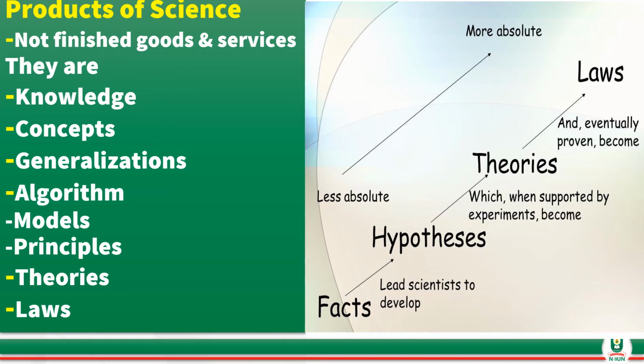There's no replacement for experimentation. There's no replacement for observations. There's no replacement for all those constructs that you see under processes of science. But the products of science are subject to change depending on new findings. So the nature of science is basically described using those things: the process or method of science, the product of science, and human attitude to science.